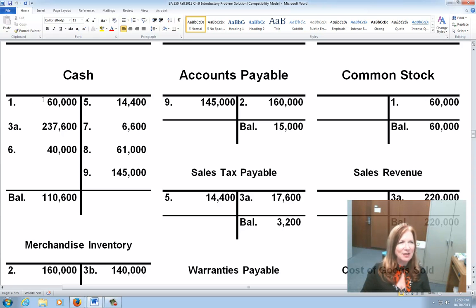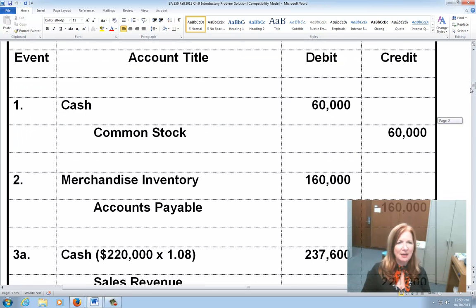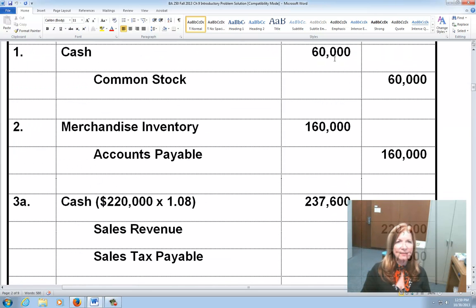And so here is cash for $60,000, and that's entry 1. So I just come back up here, and here's $60,000, and it's a debit to cash. So I post that to the debit side of the cash account, and I identify it as transaction 1. And then here's common stock for $60,000.